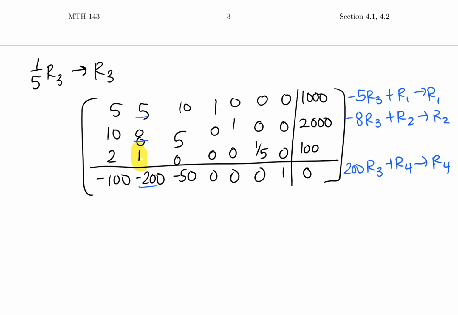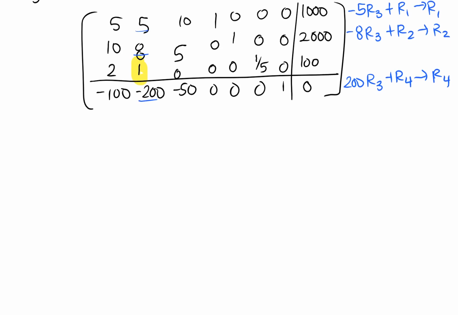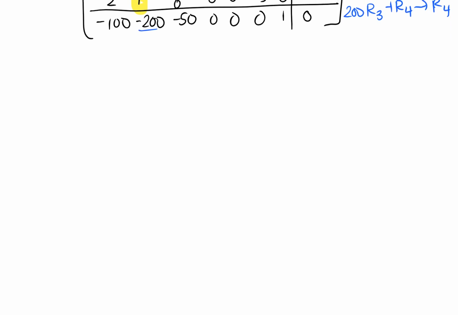You should do the row operations by hand on your own, but I'm going to show you what the matrix comes out to. After we do the row operations, we end up with the following.